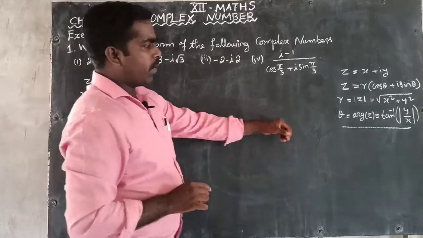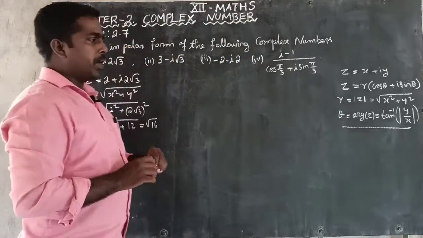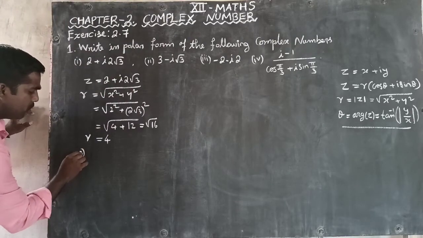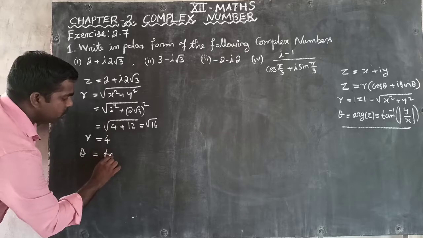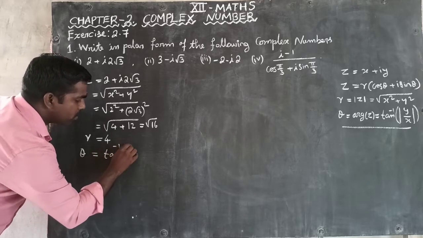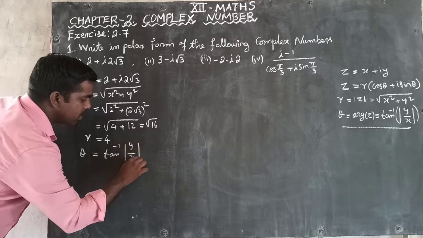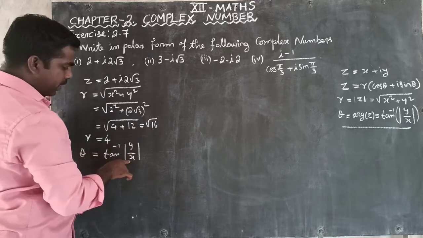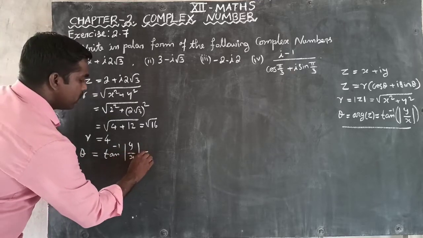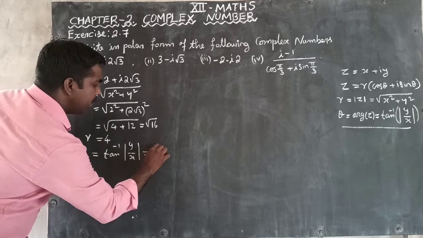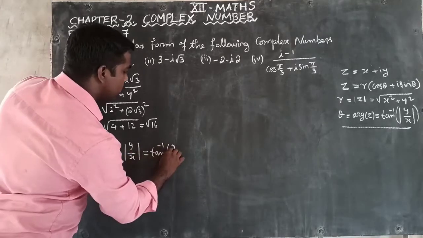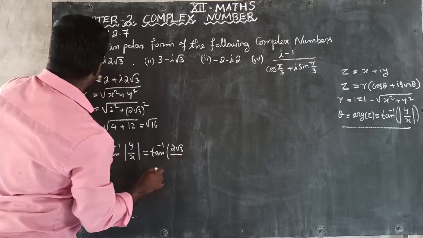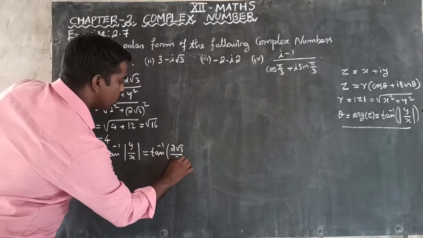So next we have to find theta, that is the argument. Theta is equal to tan inverse of modulus of y by x. y is the imaginary part, x is the real part. So here tan inverse of y is nothing but 2 root 3 divided by x is 2.